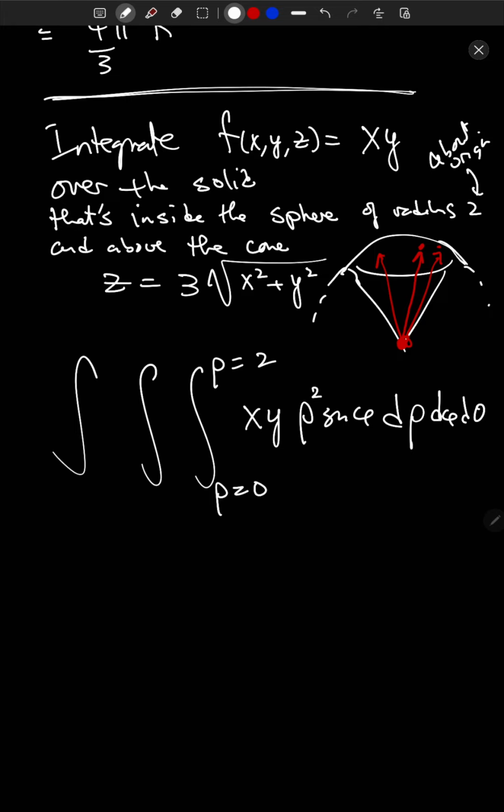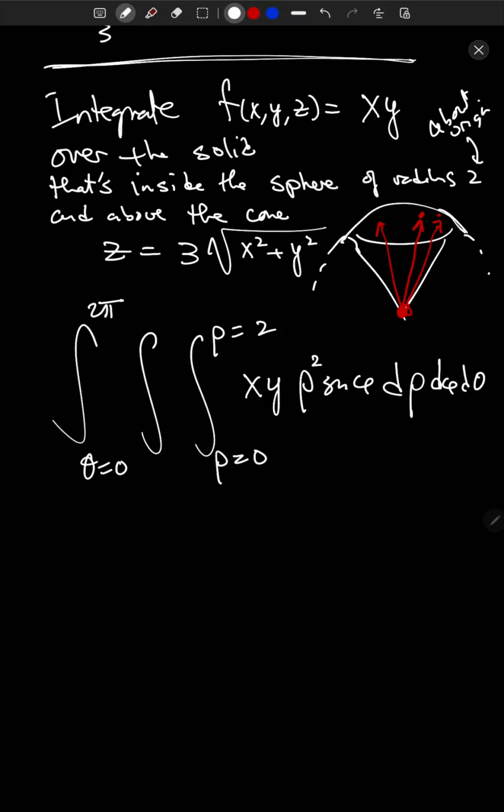So what about d phi d theta? Well, the d theta is often going to be, at least in the problems that we'll be seeing, very straightforward. We want to integrate the entire range of theta, right? Because this is the entire ice cream cone all the way around. Okay, so theta is going to be 0 to 2 pi. Okay, what about phi?